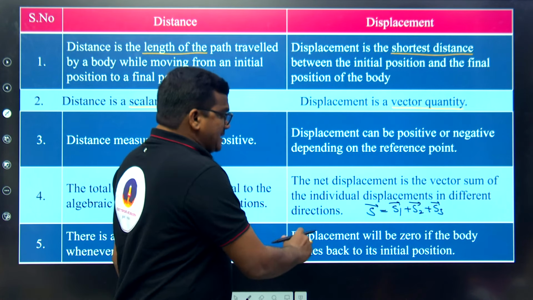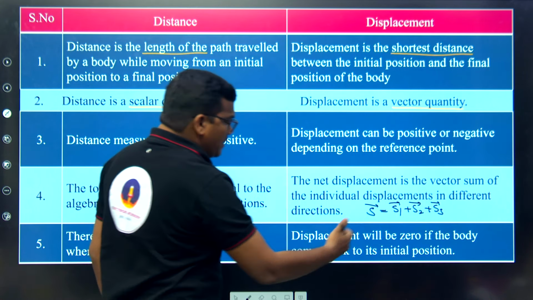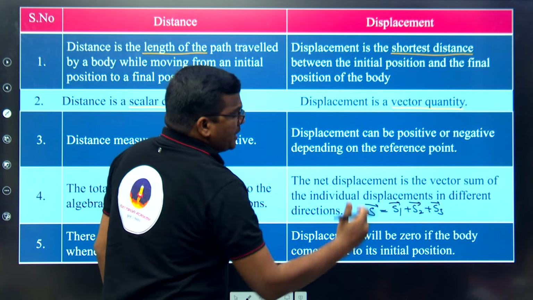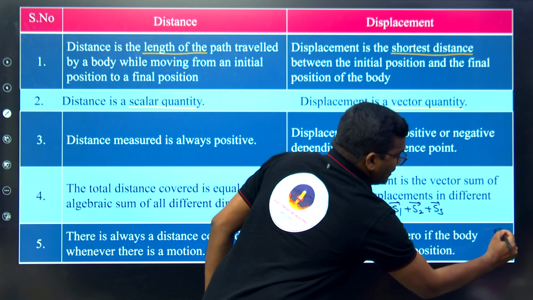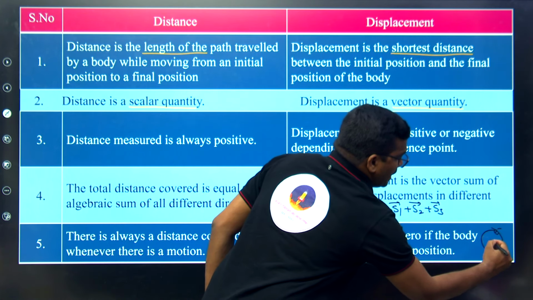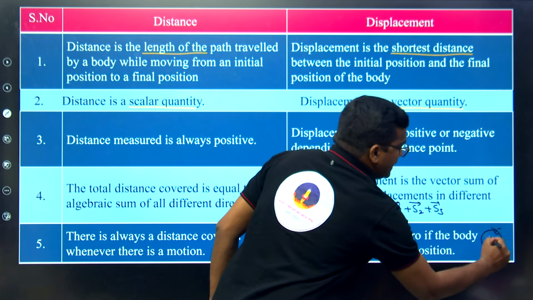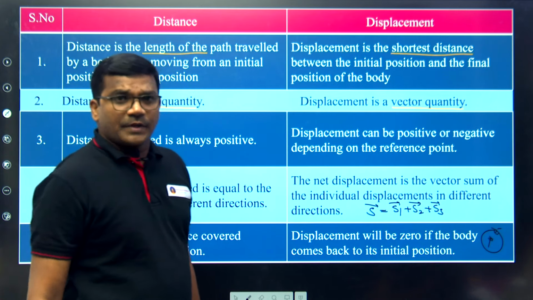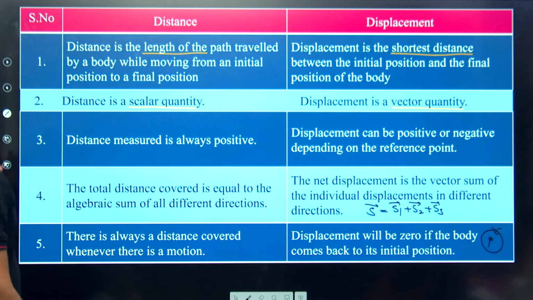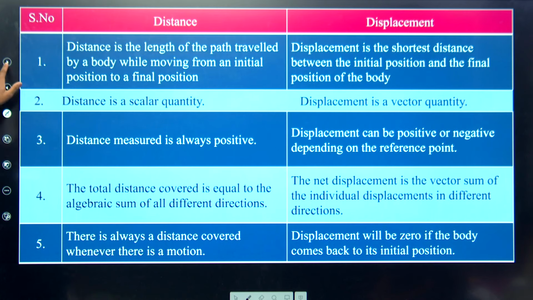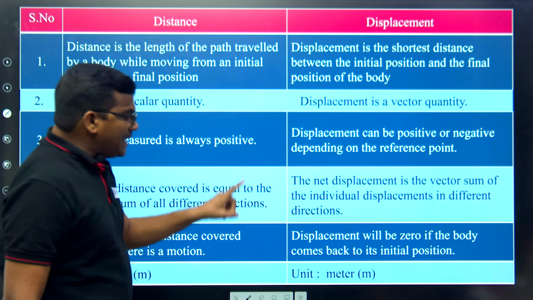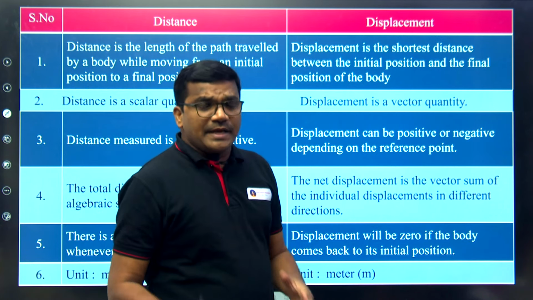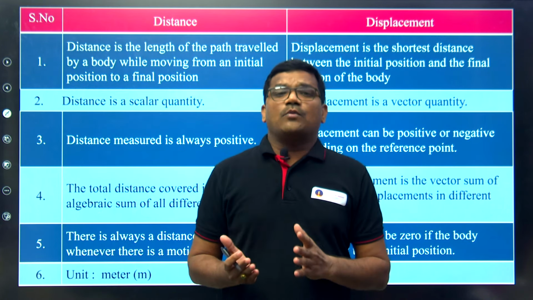So displacement will be 0 if the body comes back to its initial position. When an electron is revolving around the nucleus like this, the displacement is 0.